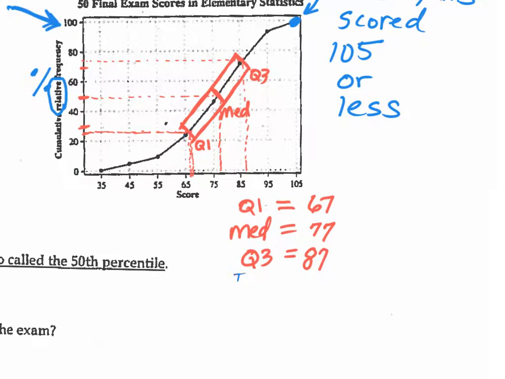So technically, I know that my IQR is how much? 20. Very good. So I want you to right now find your fences.